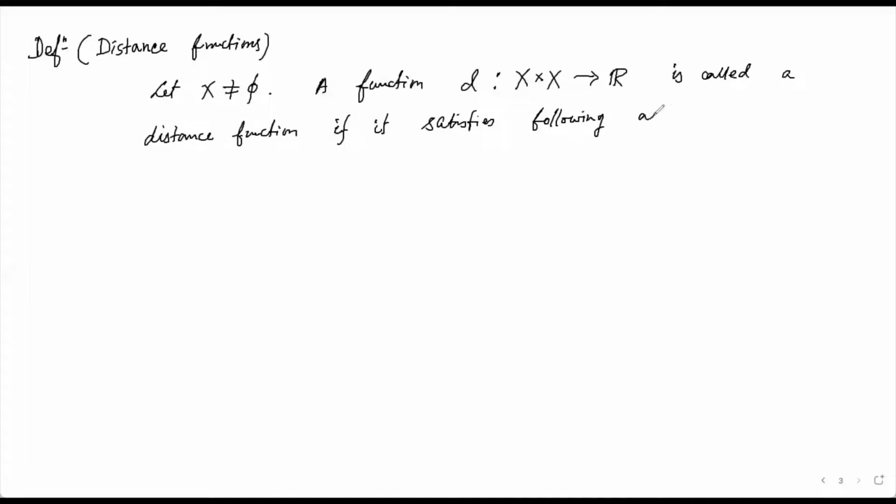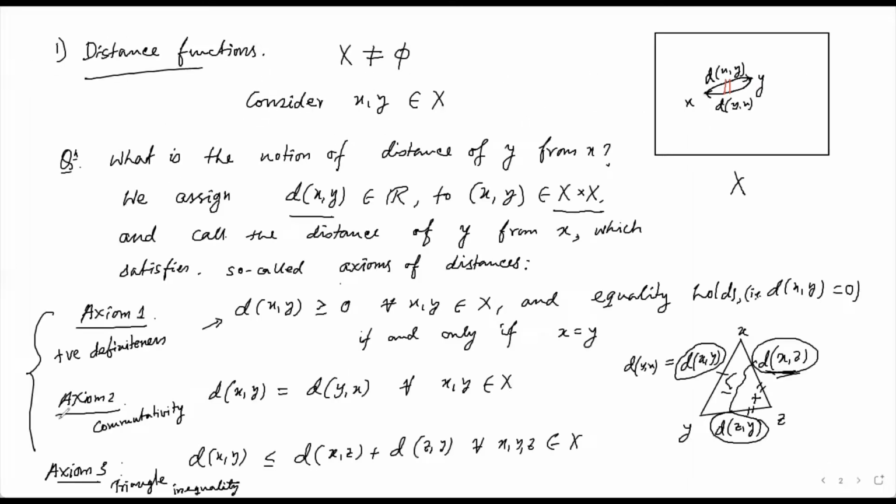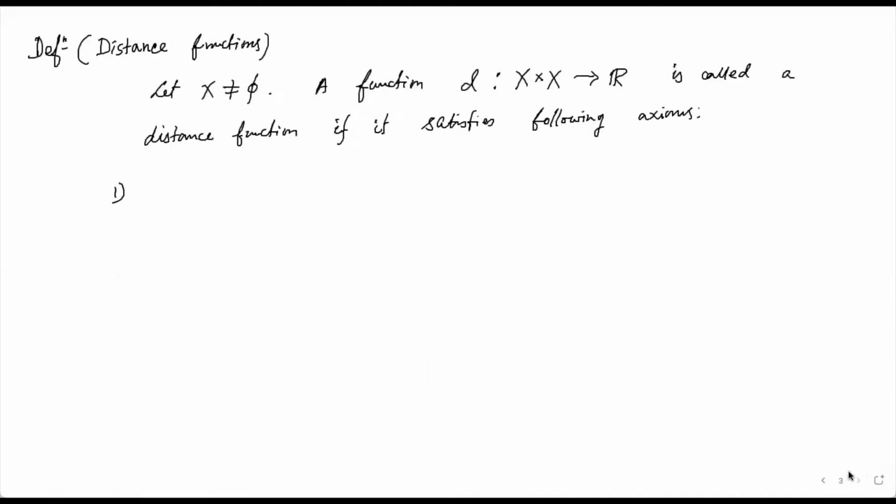So axiom 1, as already written, the first axiom is positive definiteness.